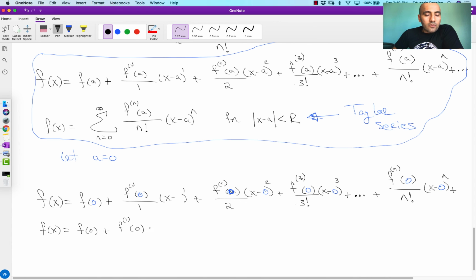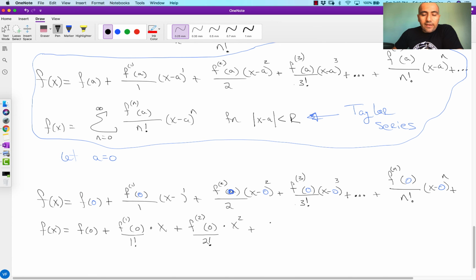evaluated at 0 times x, plus the second derivative evaluated at 0 times x squared over 2. Or to establish that pattern, it's 2 times 1, or just 2 factorial. And then just to continue that pattern, we can also put 1 there, or 1 factorial. Either way, that's 1, and either way, that's just 2.